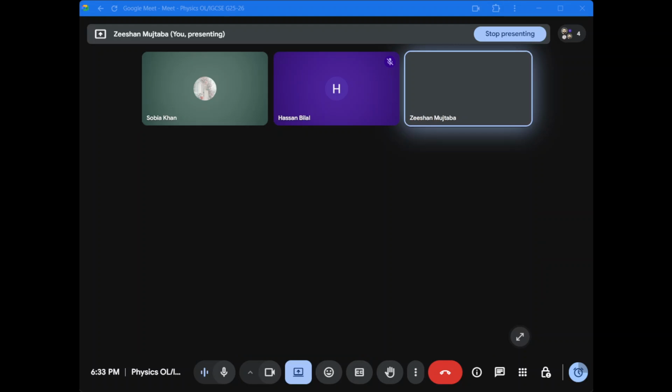Your thumb is going to point in the direction of the current. In this case, the current is pointing down, so it's going to look like a thumbs down.